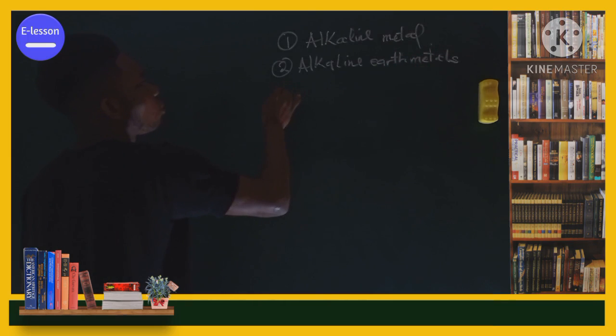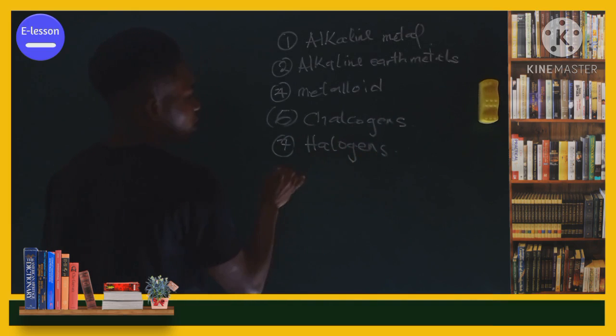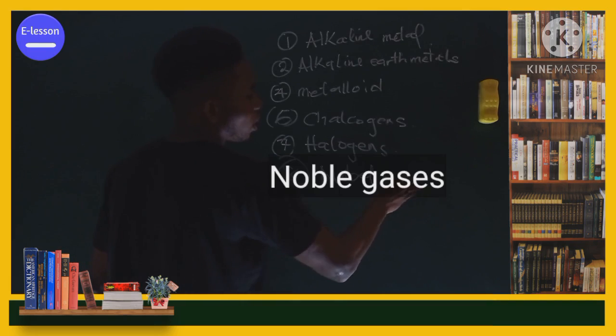We have group 4, which are called the metalloids. Group 6, called the chalcogens. Group 7, halogens, and group 8, noble gases.